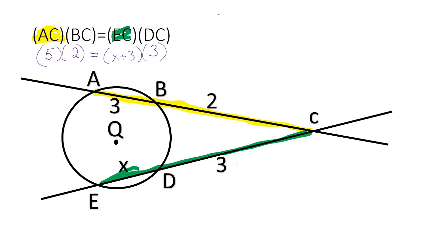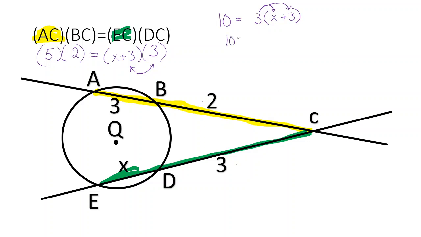All right, so let's continue working this out. 5 times 2 is 10 equals, and just so you can see it, I'm going to switch these two. I'm going to use the commutative property to switch those two values. 3 times x plus 3. Now, there's a couple of different ways that we could do this part. I could divide both sides by 3, eliminating the coefficient, or I could use the distributive property. I could take that 3 and distribute it to the x, and distribute it to the 3.